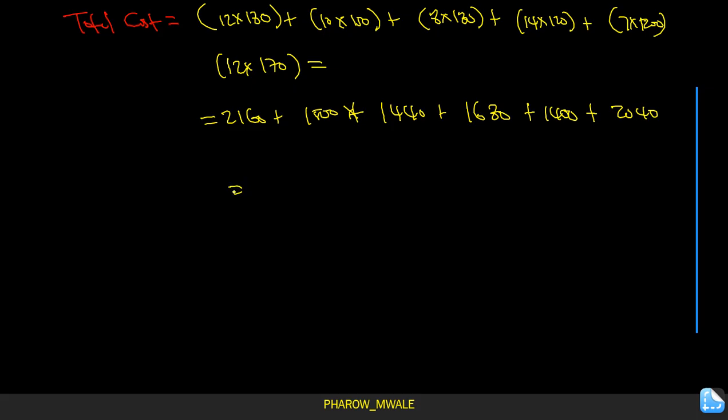Let's add them quickly. Okay, so the total is 10,220 kwacha. So this is our total cost. Now this routing of the units meets all the RIM requirements, and it involves a total of how many shipments.